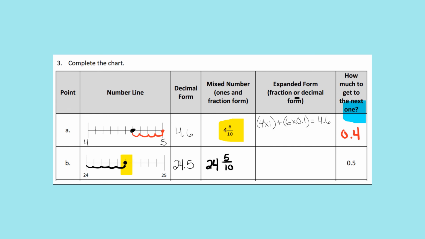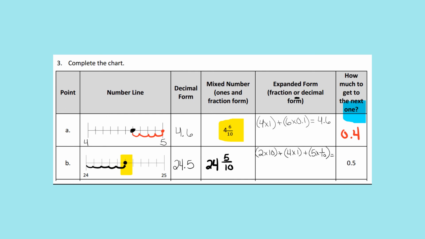The 2 is in the tens place, so I need 2 times 10. The 4 is in the ones place, so I need 4 times 1. And the 5 is in the tenths place, 5 times 1/10. I said I was going to do it as a fraction, so it's one-tenth.